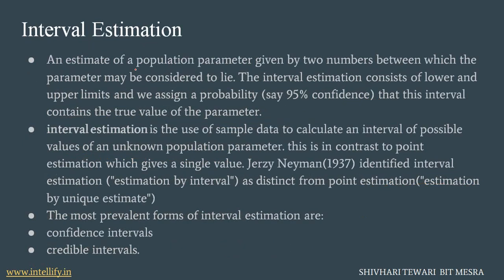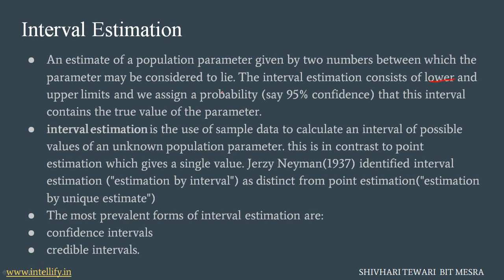Now, what is interval estimation? An estimate of a population parameter given by two numbers between which the parameter may be considered to lie. The interval estimation consists of lower and upper limits.